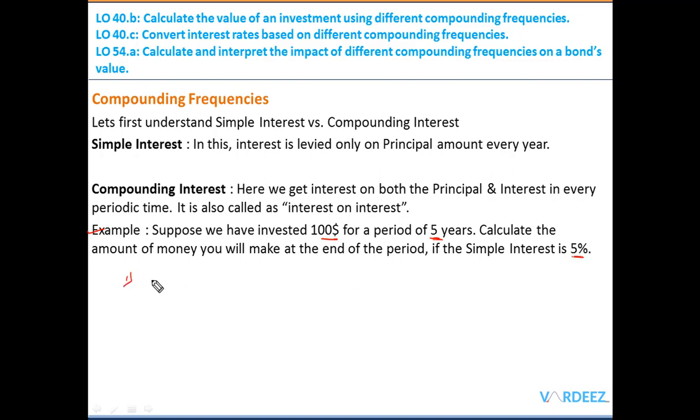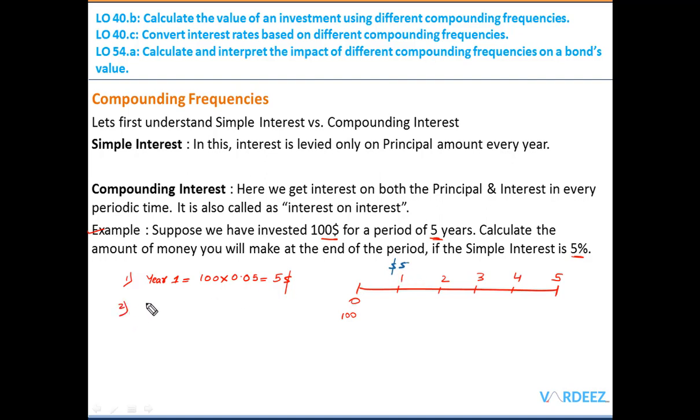In year 1, we have the amount invested as 100, and we're going to get 5% on that, so 100 times 0.05 is $5. If I draw this timeline, in the very first year, if I invest $100, I will have $5 as the interest.